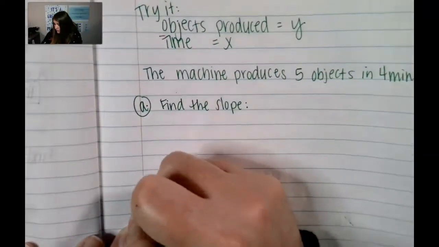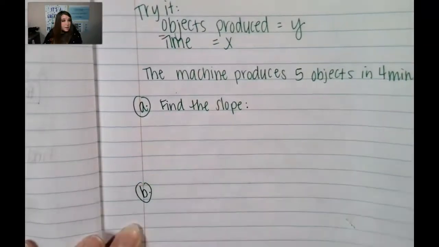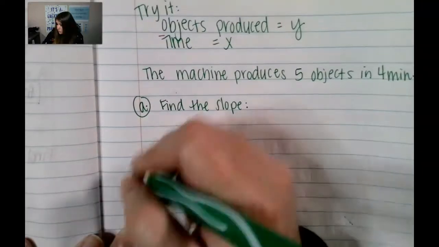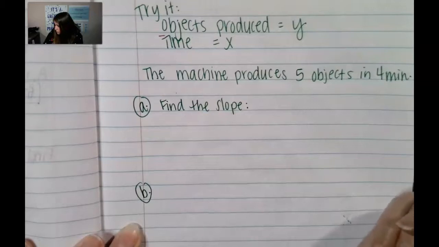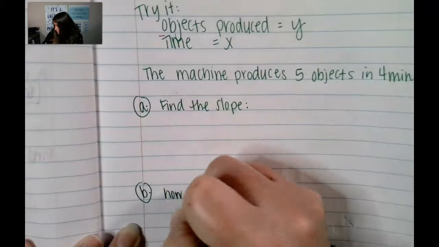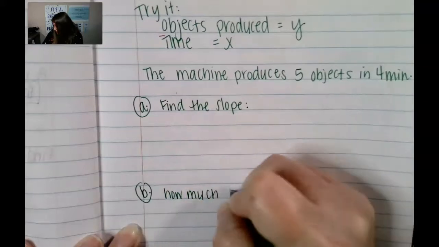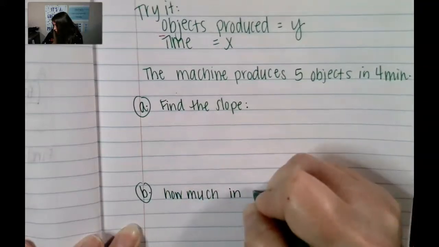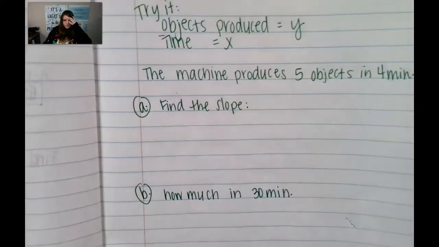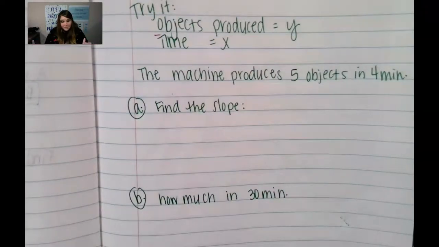And then part B, your second thing is to find how much it produces in 1 hour. Oh, that's really big. Let's say how much in 30 minutes, okay? So let's go ahead and first hit pause so you don't hear me solving this. And then when you're ready, go ahead and hit play.